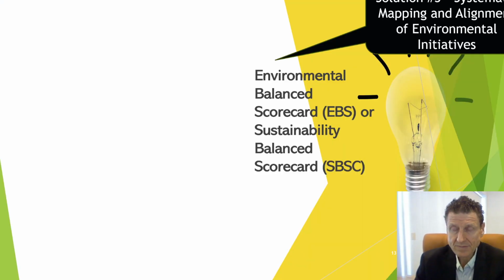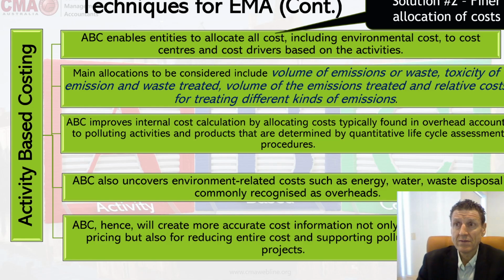So number 2 solution is a finer allocation of costs. Remember, number 1 solution is better measurement, better classification and better measurement over time. Number 2, the finer allocation of costs.